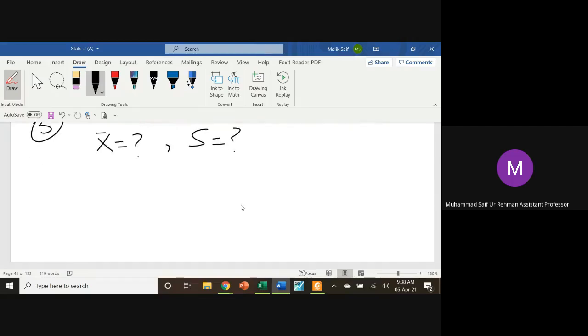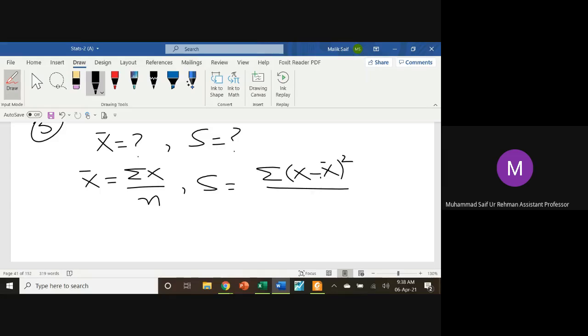So how will you find it out? x bar, you will simply sum summation x divided by n. This is the formula for this. And for standard deviation, you will use this formula: square root of summation x minus x bar whole square divided by n minus 1.